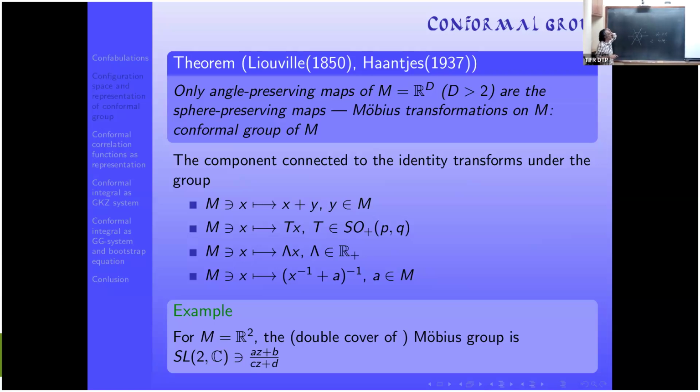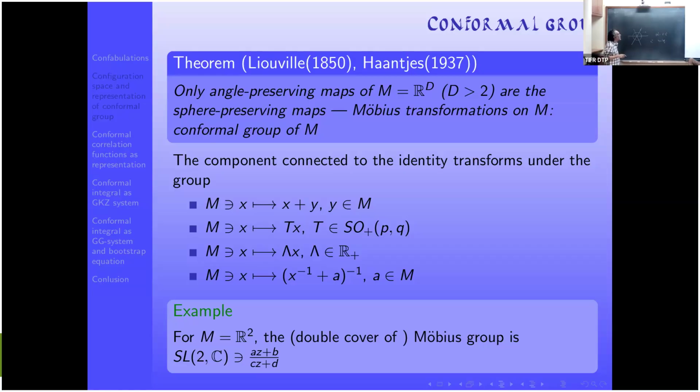It says that the only angle preserving maps of M are the sphere preserving maps, which are Mobius transformations on M, and that's the conformal group of M. Again, everyone knows this. I'll try to rewrite this using Clifford. So let me just rewrite the definitions for once.